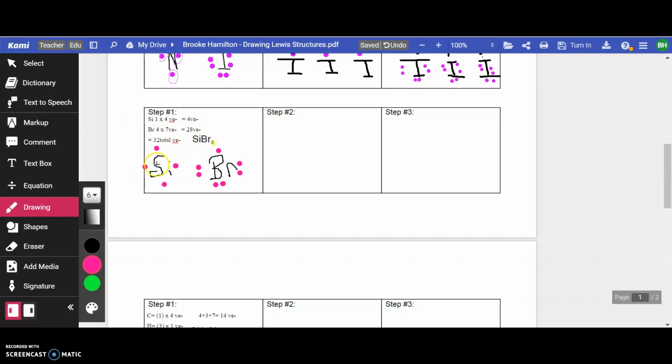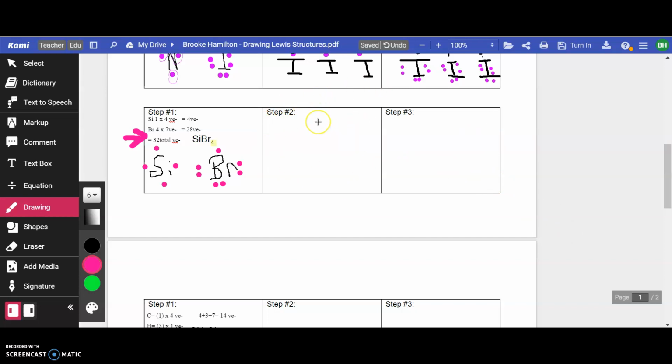That 1 silicon has 4 valence, so silicon is going to contribute 4 valence electrons. Bromine, there are 4 bromine in this molecule, and each bromine has 7 valence, making a total of 28 contributed by bromine. When you add them together, the total overall is 32 valence electrons. And you'll use this from step 1 to help you in step 3 to double check your number of electrons.